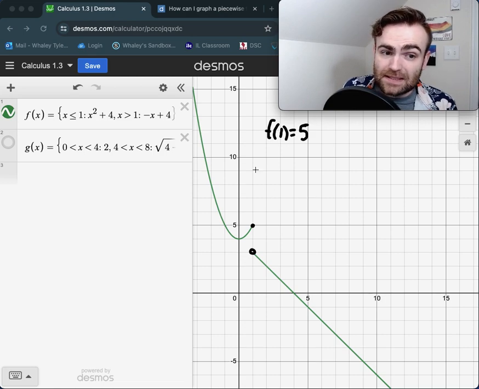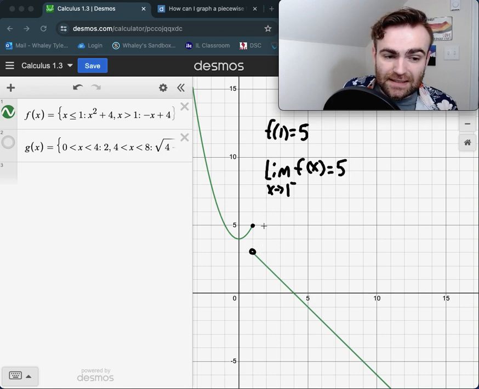Now, the limit. Well, the left-hand side is approaching 5, but the right-hand side is approaching 3. And here's how we'll write them. We'll say the limit as x approaches 1 from the left, since we're coming from the negative side of the graph, we put a little minus there, of f of x is equal to, in this case, 5.